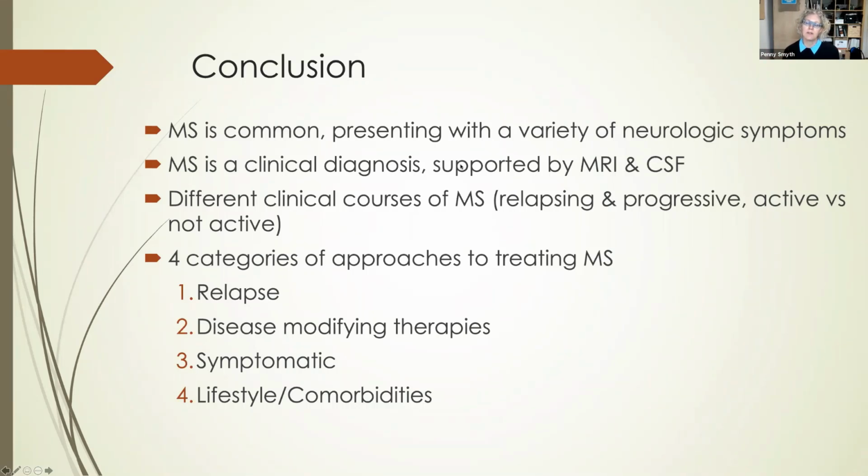I usually won't investigate them earlier with CSF studies. If they look like they're what we call radiologic isolated syndrome, where the MRI looks typical for MS, but they have no clinical manifestations, then you can do a spinal cord MRI to prognosticate, and you can do CSF to prognosticate.